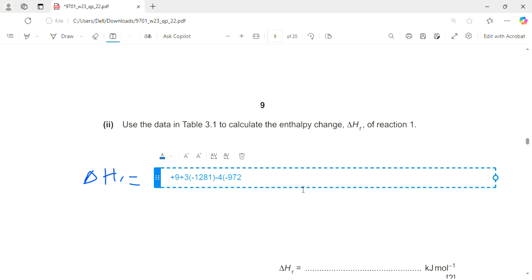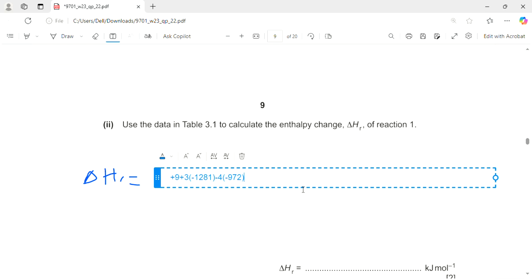So what will we get? I'm just doing it with my calculator. It's approximately positive 9 plus 3 times minus 1281 minus 4 into minus 972. So what will we get?